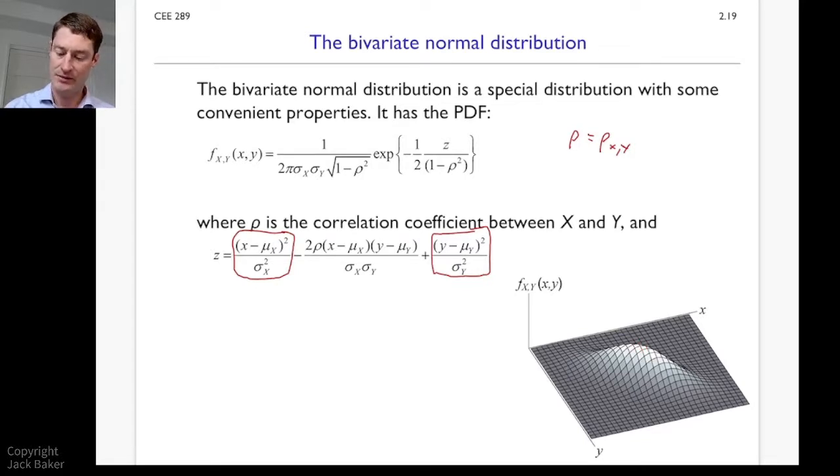So the peak occurs when y is equal to the mean value of y, and when x is equal to the mean value of x. That's the location of the peak of the mountain. And then everything else is just normalizing constants in here.